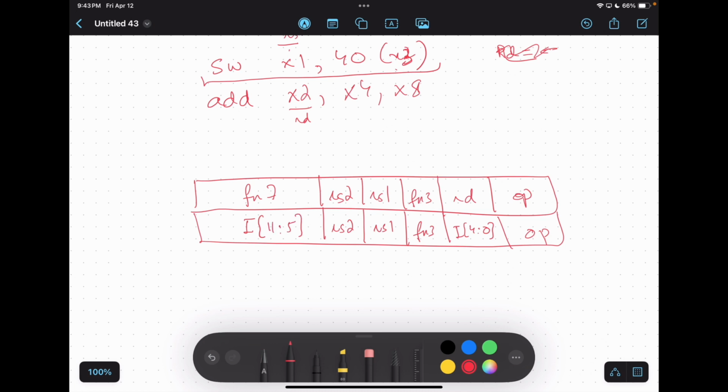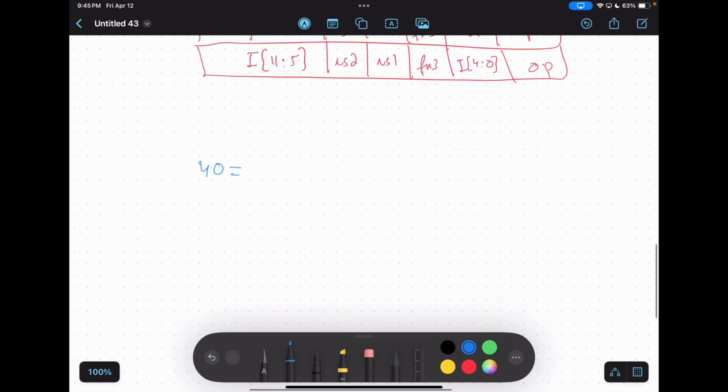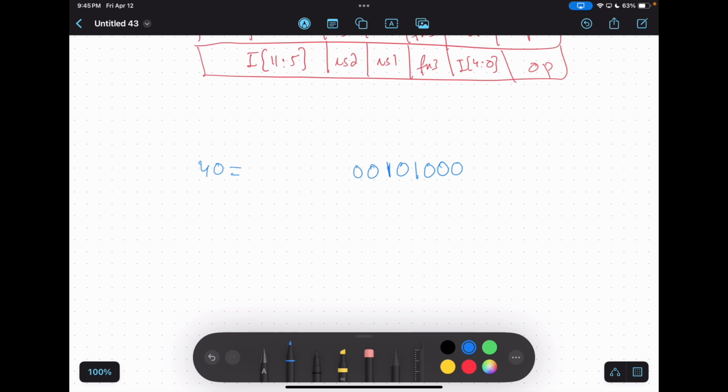If you decode this 40 in binary, you would set the bit 32 and the bit 8, and then 0 0 0. So this is 1, 2, 4, 8, 16, 32, and then 64, 128, up to bit 11.